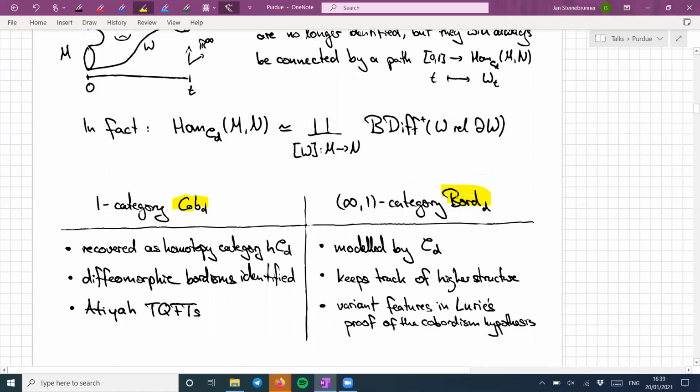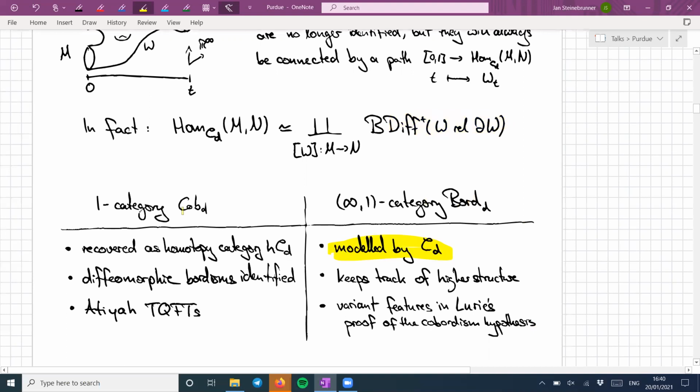And the idea is that this topologically enriched category, you can also, if you want, think of as an infinity-one category. It's a category enriched in topological spaces, and we can construct an infinity-one category from it. And this thing has a lot of higher structure. All these higher morphisms encode the diffeomorphisms of the bordism, and it's modeled by the Bord_d.